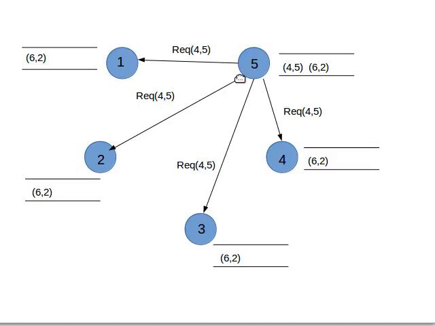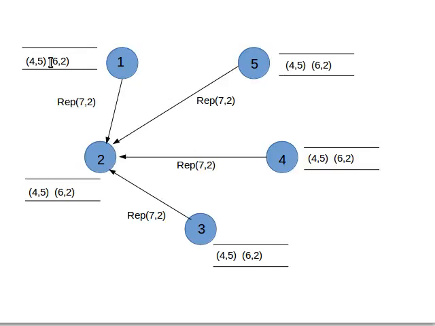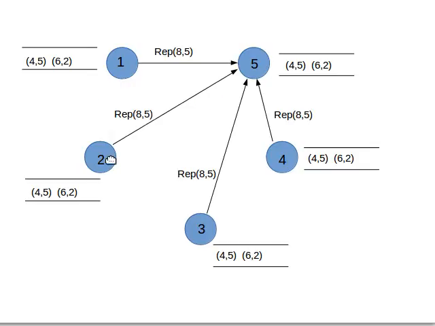Site 5's request was sent to all the other sites, and each other site also checks the timestamps and updates accordingly. Now each site sends a reply message to site 2, and each site sends a reply message to site 5 also.